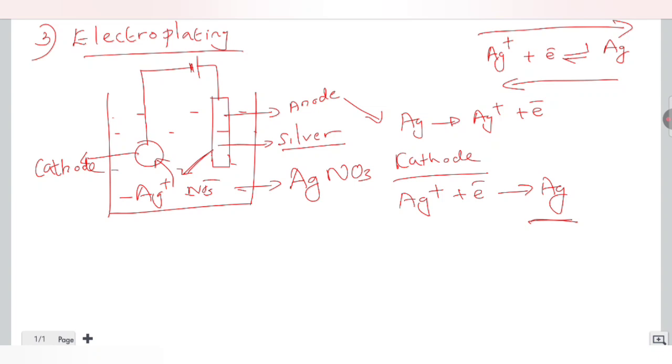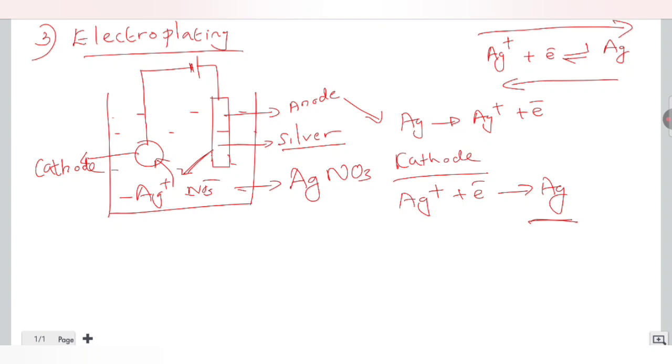If you are plating with copper, anode must be copper. If you are plating with gold, anode must be gold. And the solution must be a nitrate or chloride or sulfate of these metals, like silver nitrate, gold nitrate, or gold chloride, but it must be an electrolyte of the same metal.